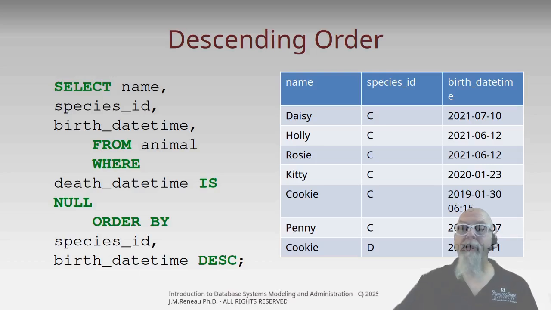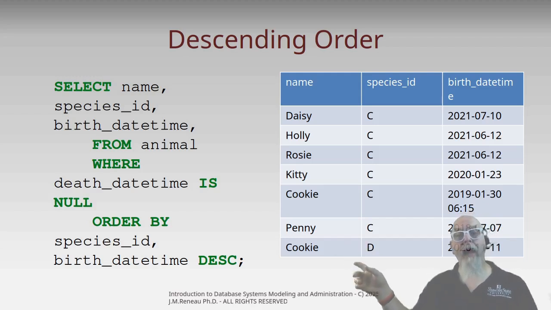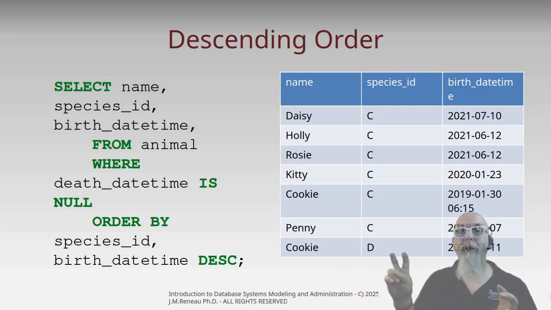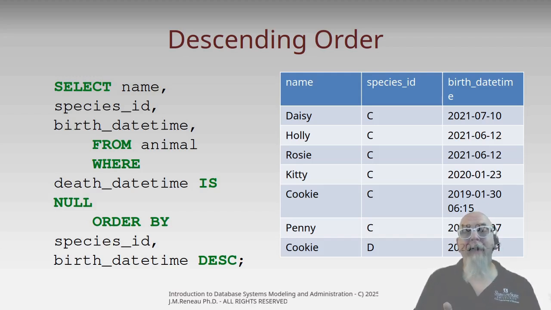If we want a specific column to be sorted in descending order, we add the word DESC after the column or expression name, and that would then be a descending column. Here we're asking for the animals with their name, species, and birth date from animal where death date is null.